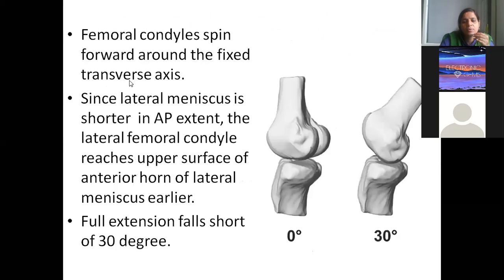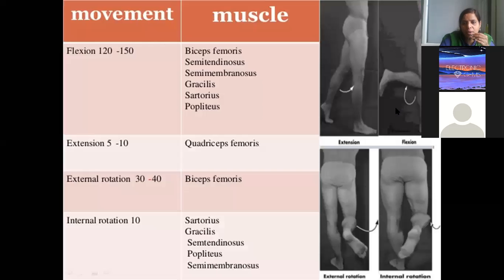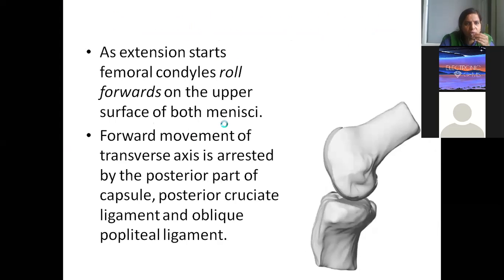First I said flexion; then gradually when you move to the extension position, the femoral condyles roll forwards on the upper surface of both menisci. The forward movement of the transverse axis is arrested by the posterior part of the capsule. That means the capsule is not allowing the condyles to come back.